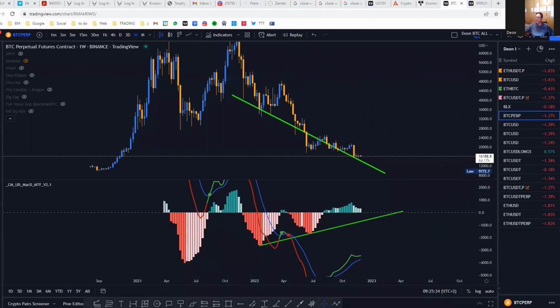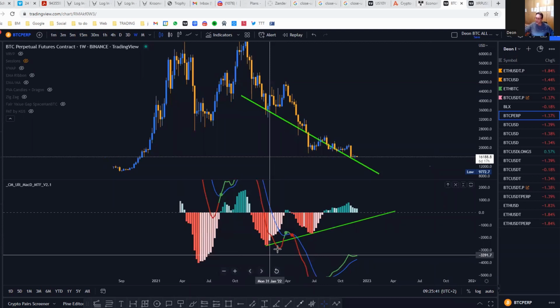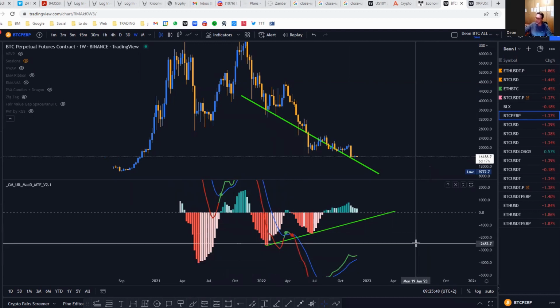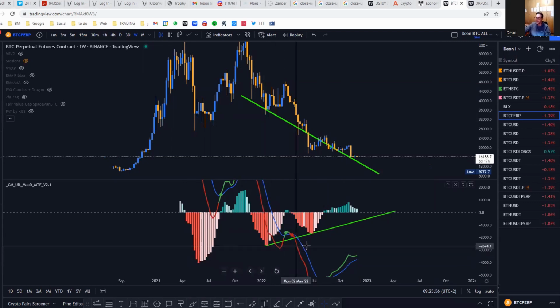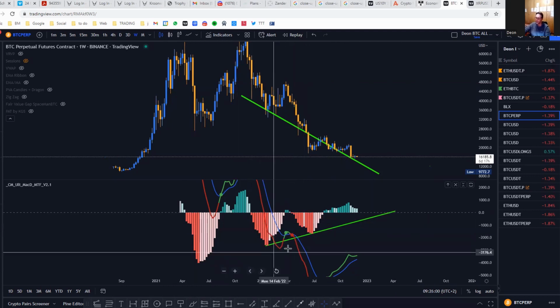Okay, so bullish divergence is when the price is dropping but the indicators on your chart are in the opposite direction, so they're actually rising. I've got just the MACD, and on the MACD histogram you can clearly see the indicator is in an uptrend.